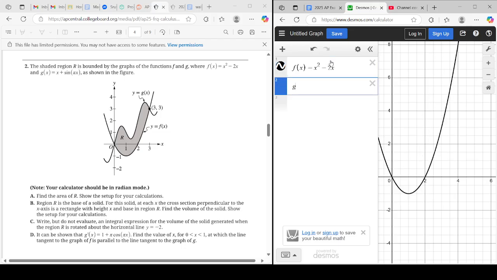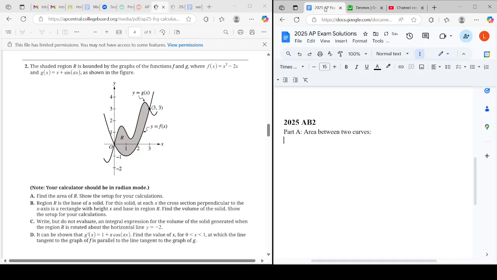f of x here and g of x. So region R, we could see that it does align. Our bounds would be 0 and 3. We know that the upper curve is g of x and the lower curve is f of x.